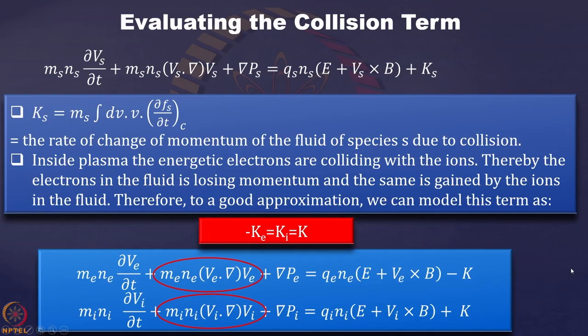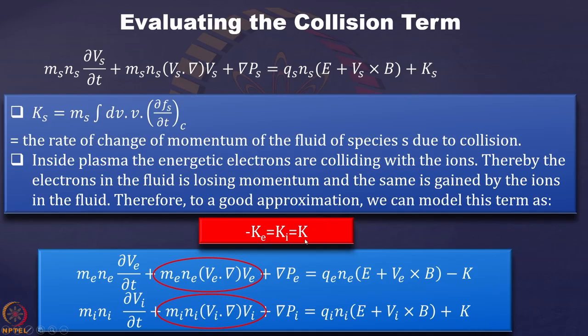Similarly, for ions, we will write this equation by replacing s by i, so mi, then ni, then del Vi by del t, that is what I have written over here, then mi ni Vi dot del Vi, that is what is written here, and then grad Pi here, then qi ni E plus Vi cross B plus K. Why is it K?